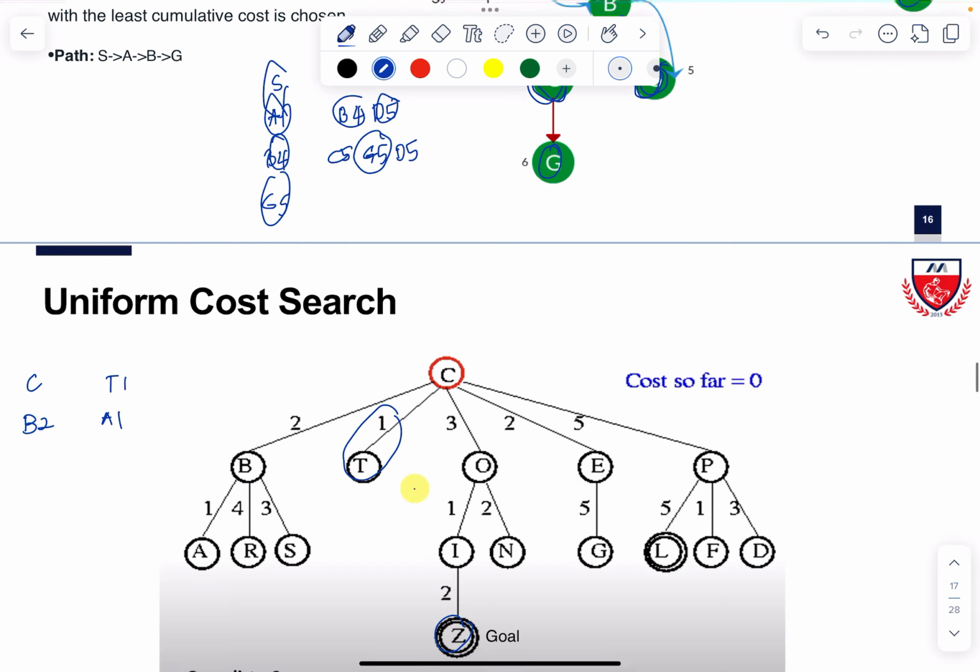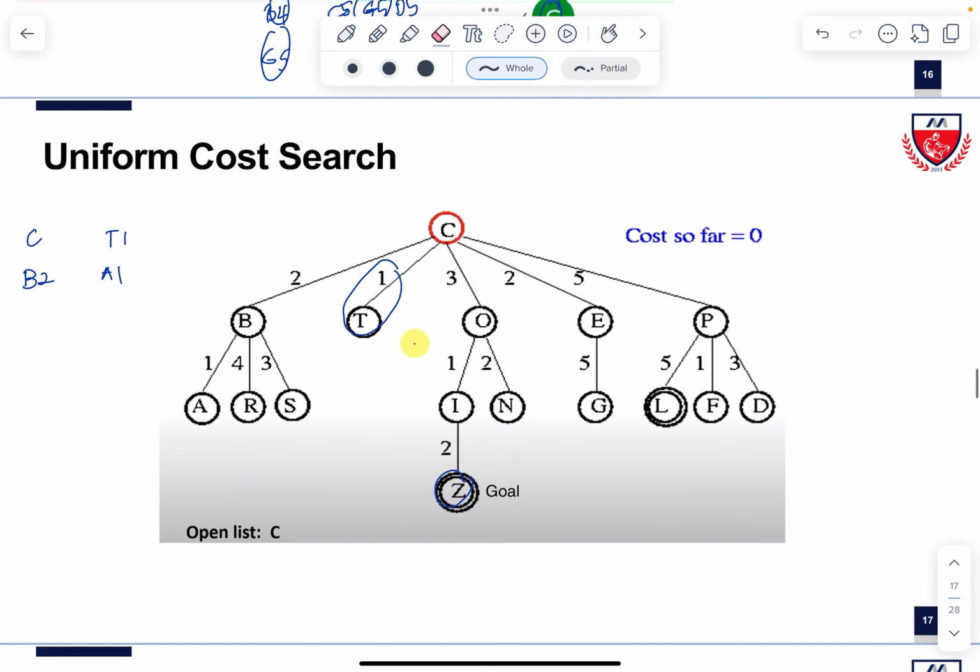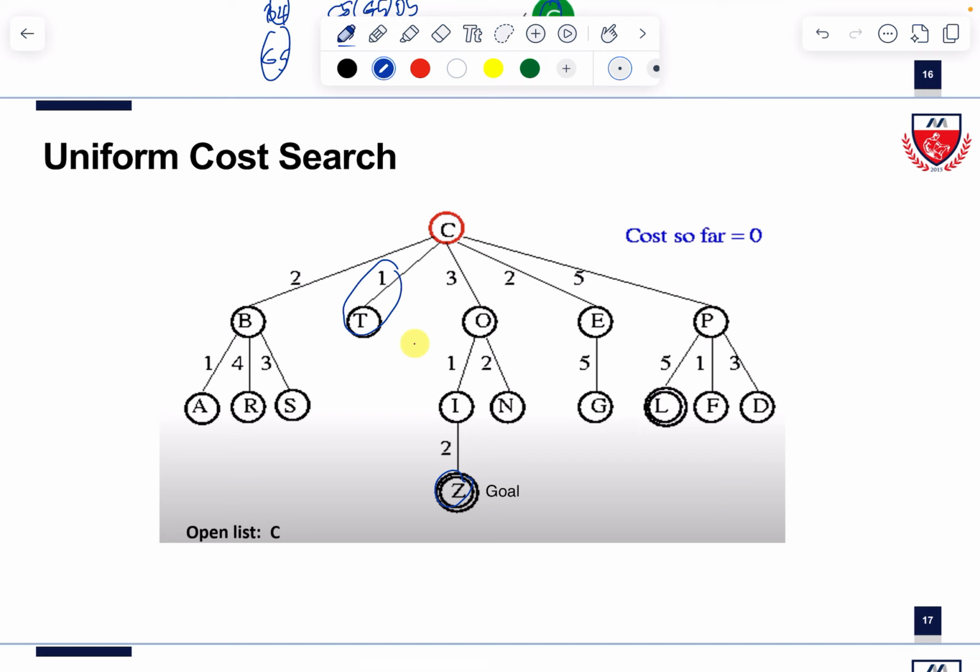Okay, so let's have another example of the uniform cost search, a more complicated example. Say for example, the cost so far is 0, and from C to B is 2, C to T is 1, C to O is 3, C to E is 2, and C to P is 5. So, what will happen?